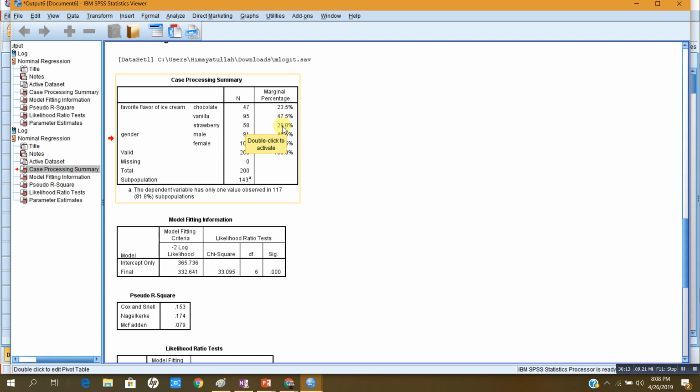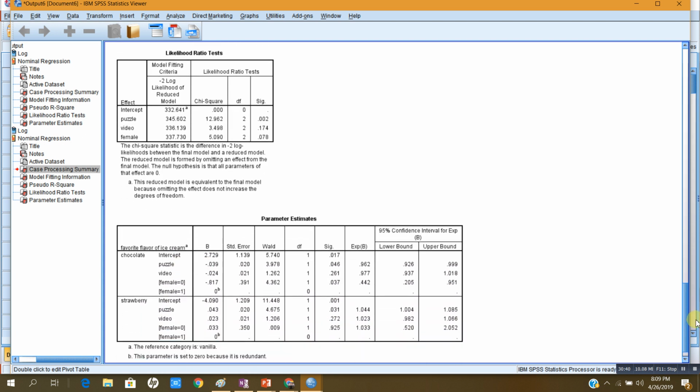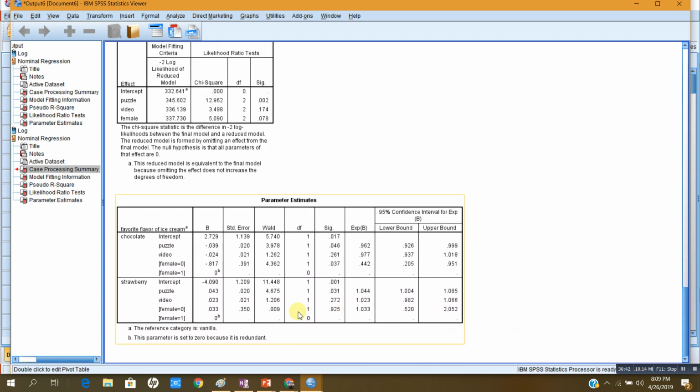Again, this is that subpopulation, and this is 117 that I explained earlier. These are the likelihood of the intercept only and the final model, and these are the three pseudo R squared. And if I scroll down, here are the parameter estimates that I just explained, and these are the coefficients for chocolate relative to vanilla, and these are the coefficients for strawberry relative to vanilla.